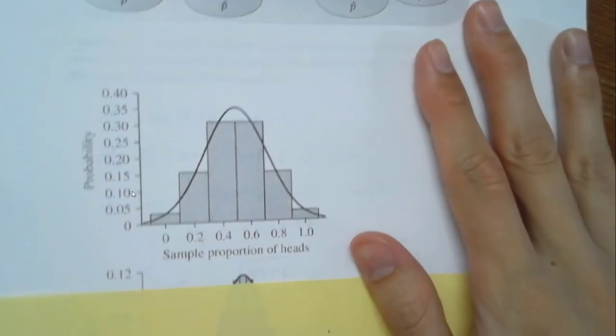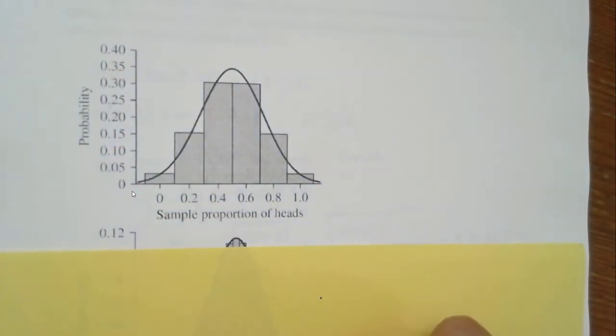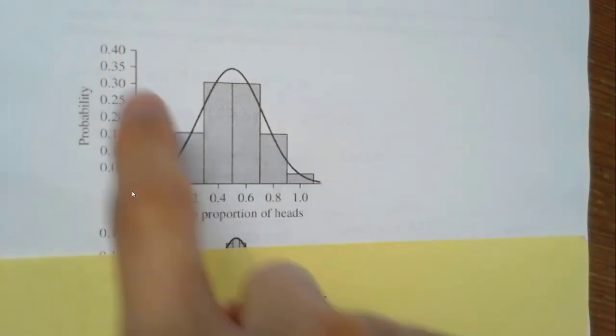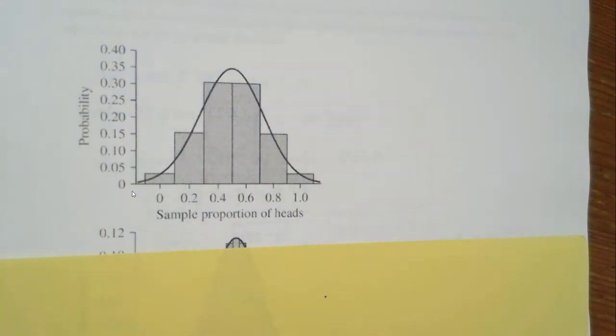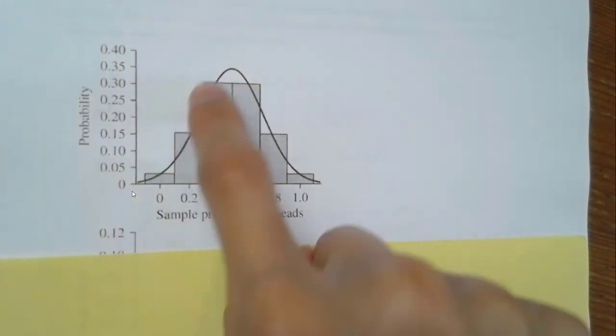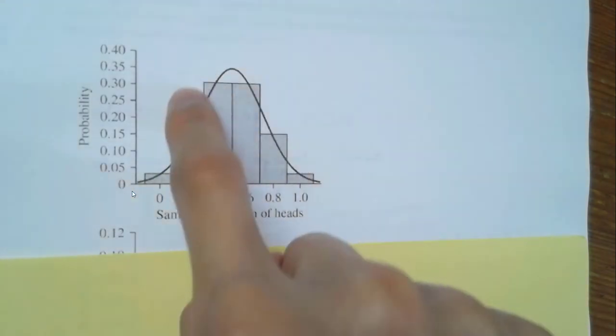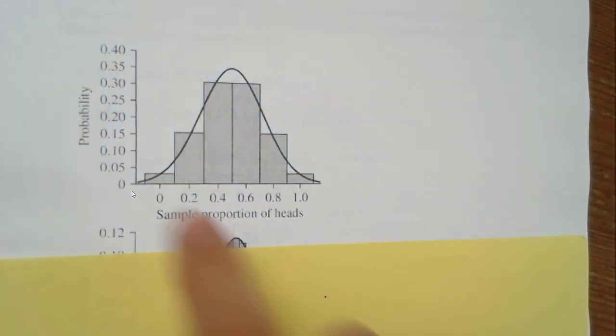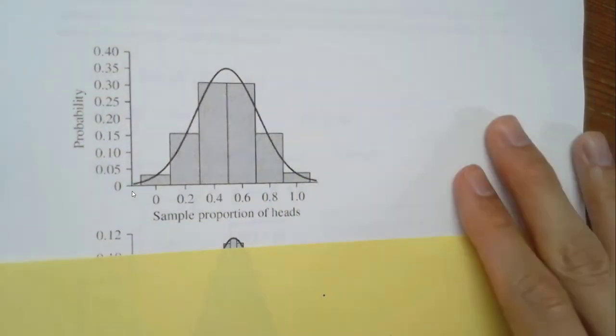In this example, we are flipping a coin between heads and tails, and we can get the sample proportion of heads after flipping the coins, and plot them on the probability distribution. If we plot them, we get a normal distribution curve for the density curve.